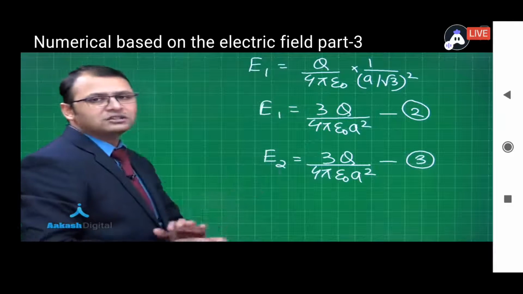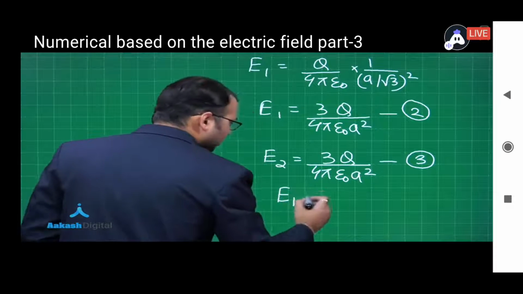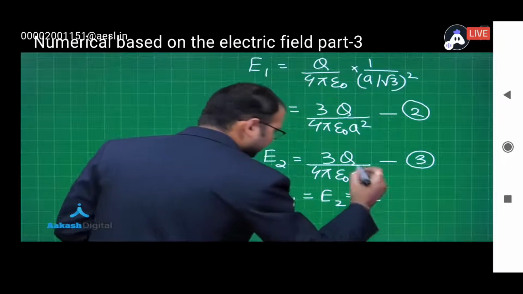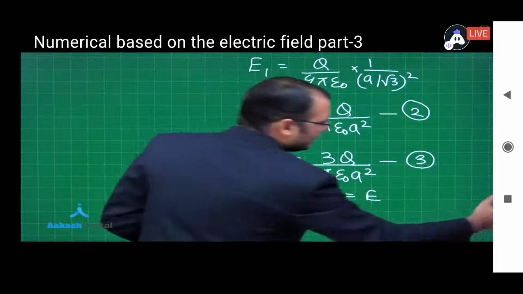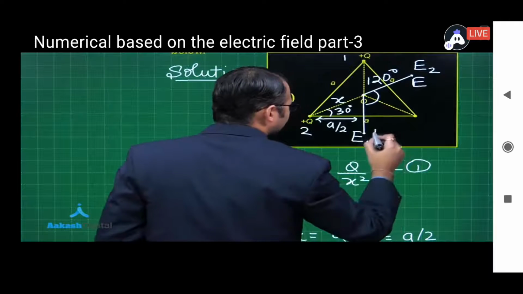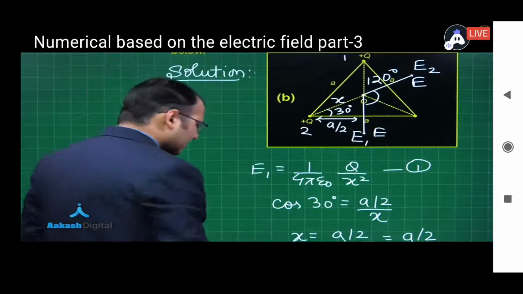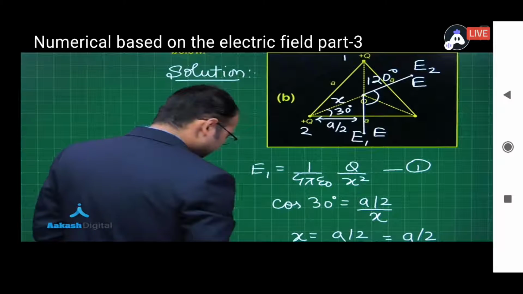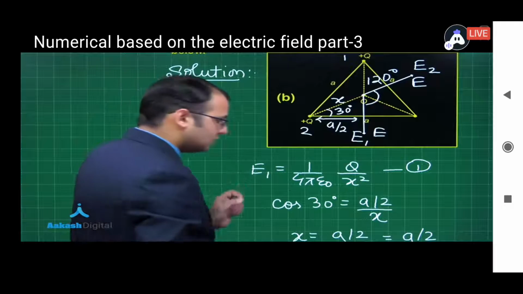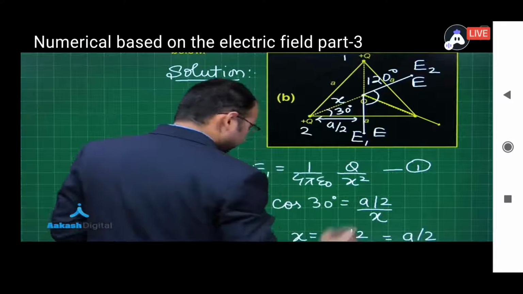So I have two vectors which are equal in magnitude. May I say that from equation 2 and 3, E1 and E2 are equal in magnitude. Let's name them as E. And I have two vectors, E and E, which are at an angle of 120 degrees with each other. That means the resultant here, friends, will be exactly the same as that of the vectors. This I hope you remember, but if you have not remembered it, I'll solve it for you.